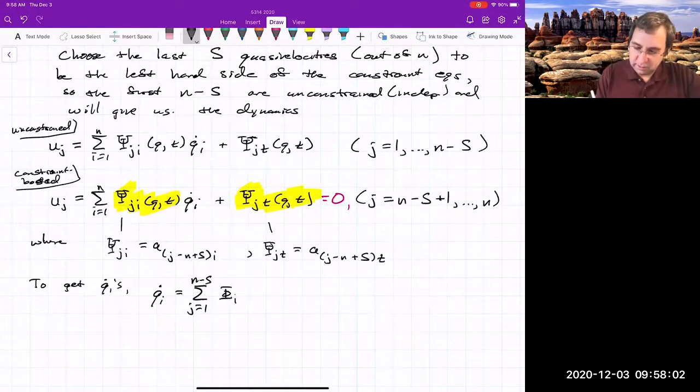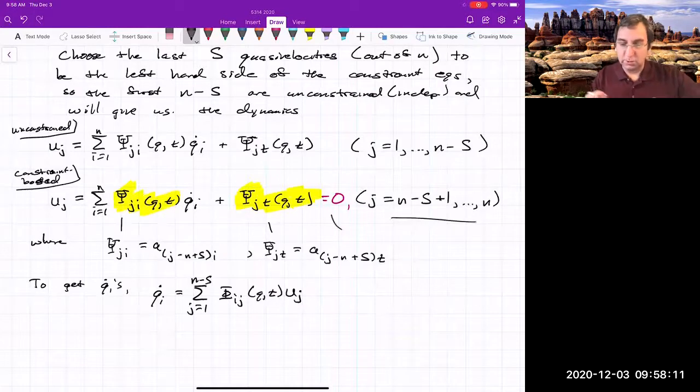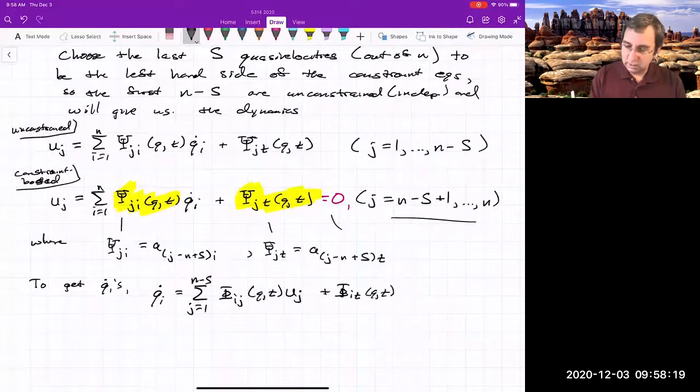This will be phi ij of q and t, uj. But remember, the last grouping of them equals 0, so we just don't even include them in the sum. Plus phi it of q and t. And here the index i goes from 1 to n.